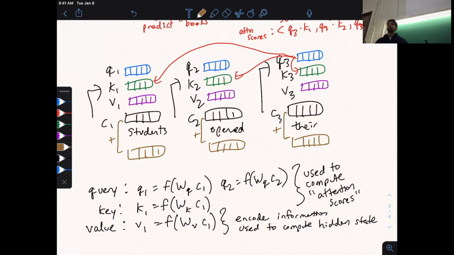Because our model currently does not take into account position. The way we do it is we add a separate embedding that has some notion of position, like the embedding P sub 1. These are called position embeddings. P sub 1 is fixed for the first position. So given a completely different sequence, I would add the same P sub 1 to the first position of that sequence. Given the second position, I will always add P sub 2. This is exactly the same vector.